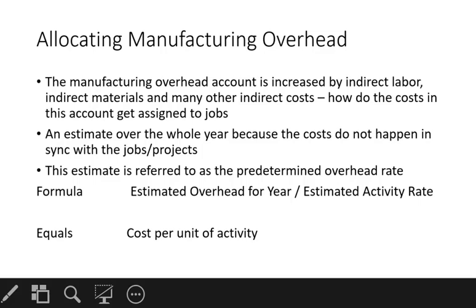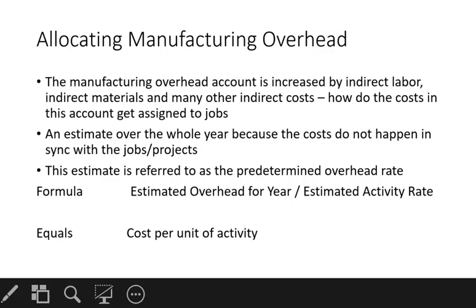Because here's the problem: the overhead, because it's not specifically related to jobs, doesn't happen evenly over the year, doesn't happen in relationship to the jobs. So you may have 3 jobs going on in the winter time and have utilities high because it's cold, and have 5 jobs in the springtime, when it's not really cold or hot, when it's pleasant, and you don't have that high utilities.